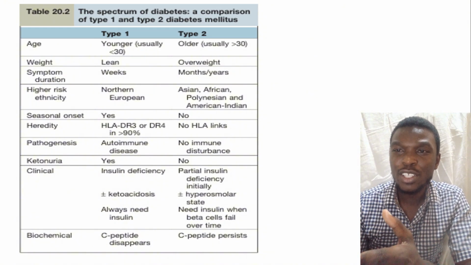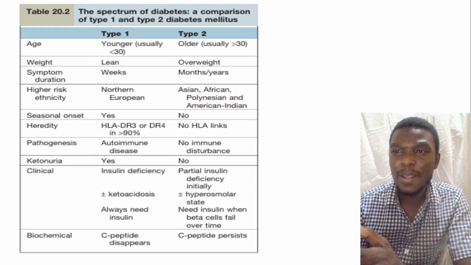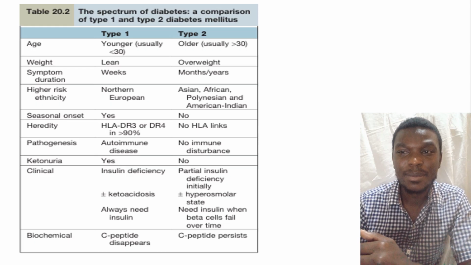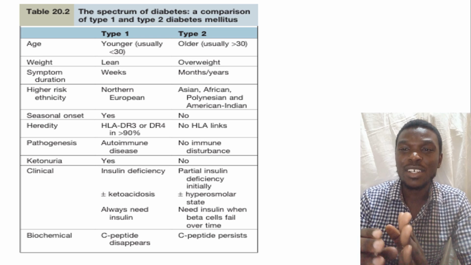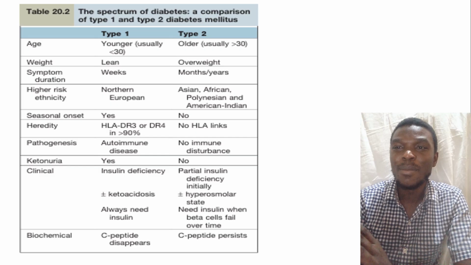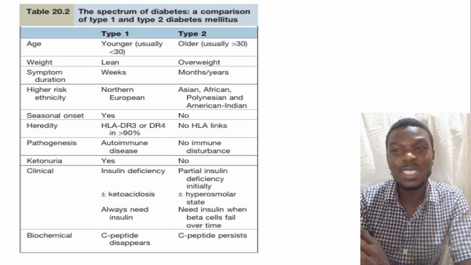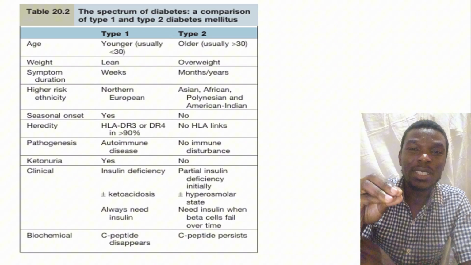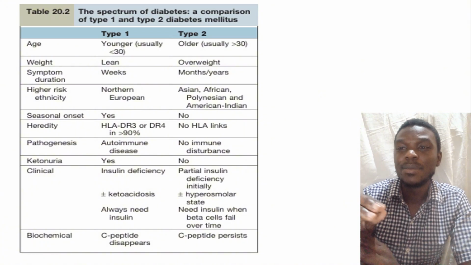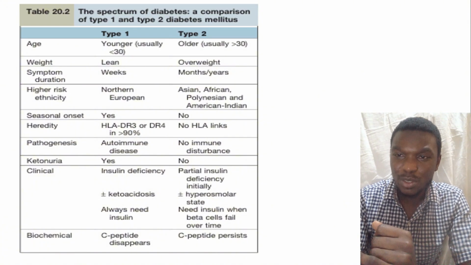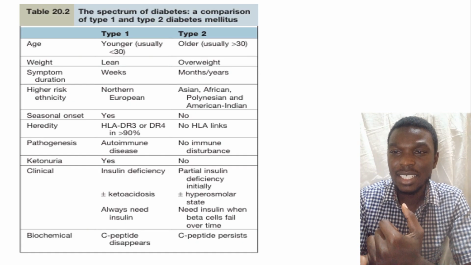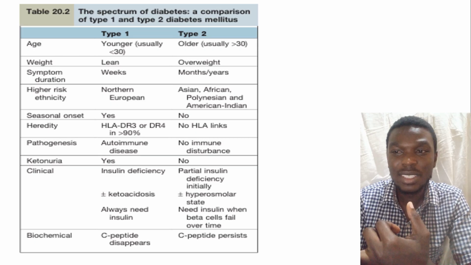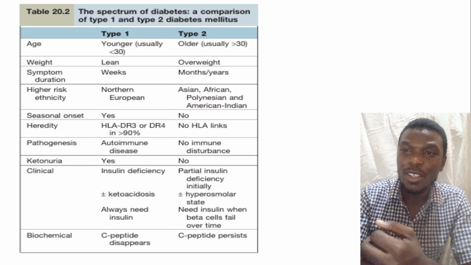So if you see ketones, you're finding some in type 1, but in type 2 it's not there, because the system that produces ketones is not fully utilized in type 2, because there's a bit of insulin being produced. And then you can see pathogenesis in type 1 is immune mediated, so there's autoimmune, but in type 2 it's not there. So you can use this table.